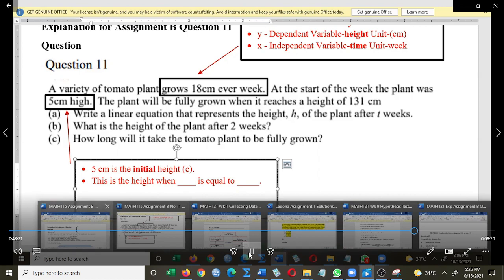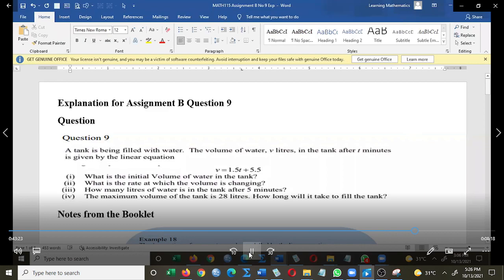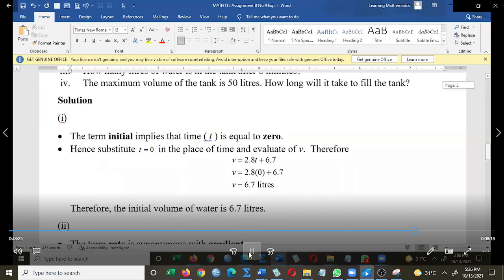Remember what we said? Whenever you see the word initial, what must come to mind? Initial implies that the time is equal to 0. It is written there.